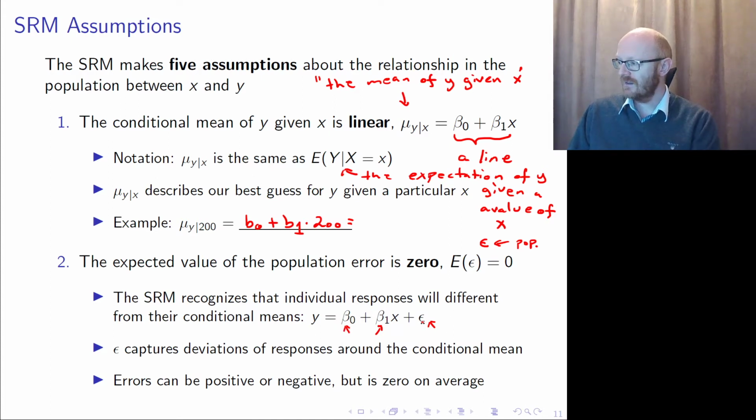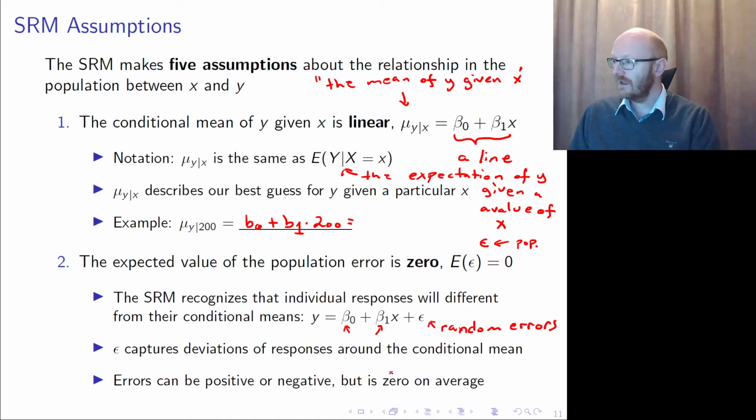So these random errors are centered at 0. You miss equally likely on the upside or the downside. These epsilons are random errors around the conditional mean, right?